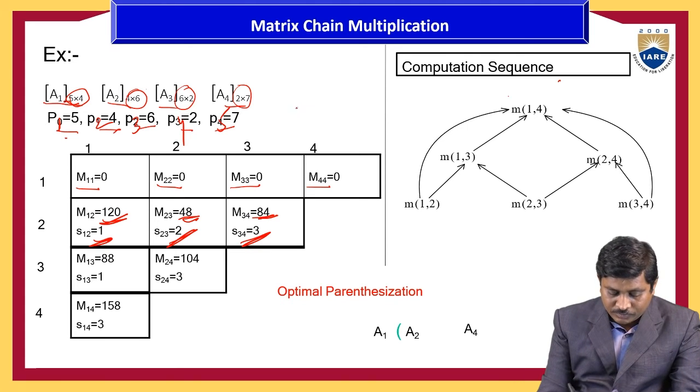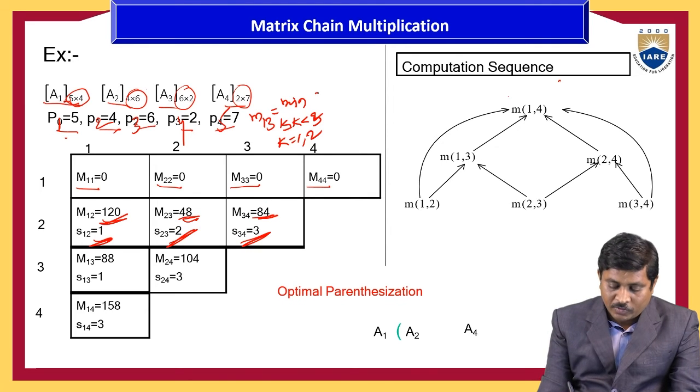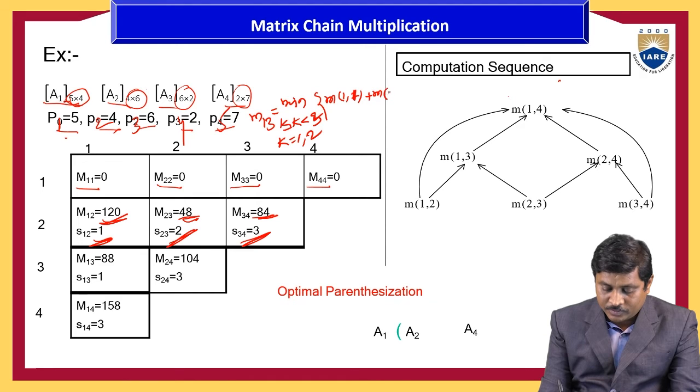Next, M13 minimum, 1 less than or equal to k less than 3, so we take k equal to 1 or 2. For 1: M of 1,1 plus M of 2,3 plus Pi into Pk plus 1 into Pj plus 1.